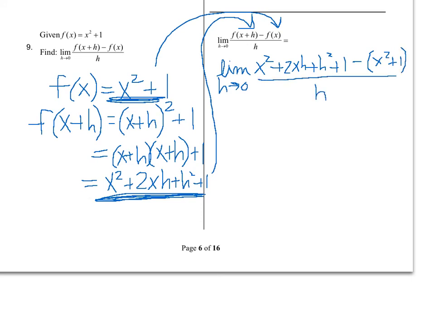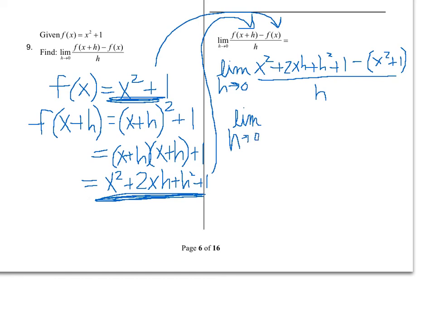Okay, now when I look at this whole mess, I see that h is approaching a constant 0. I want you to substitute. If you substitute, you will see that you have a 0 in the denominator. We're going to try to cancel anything out that we can and clear this thing up. I haven't done any evaluations yet.